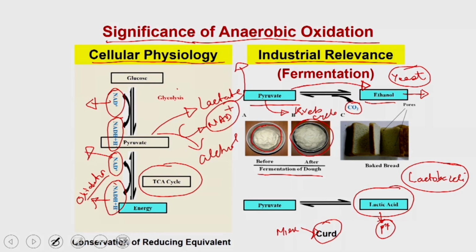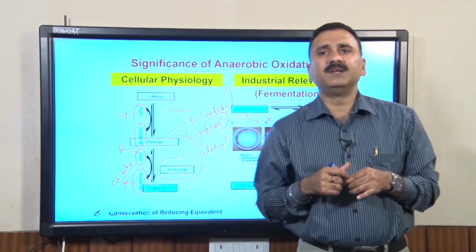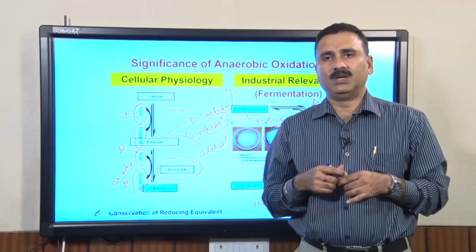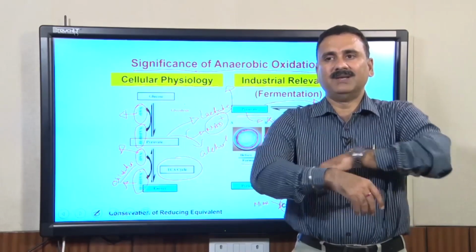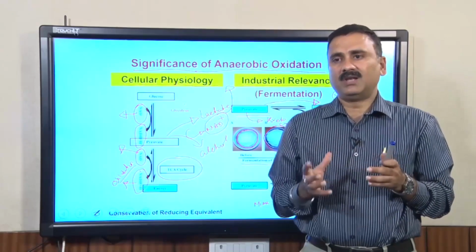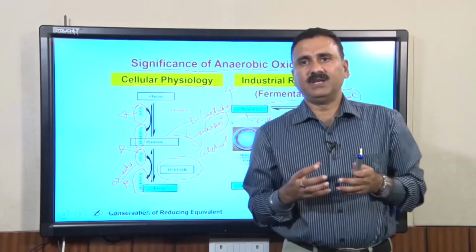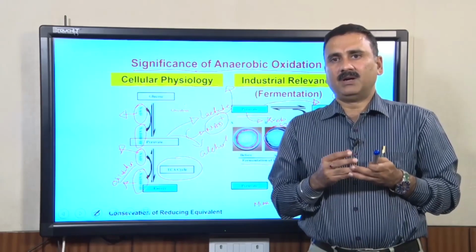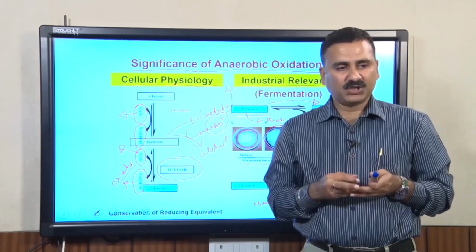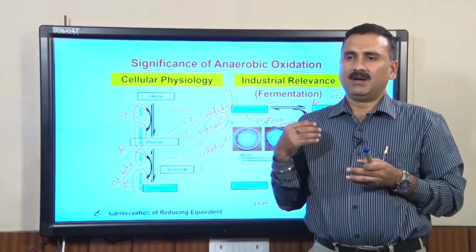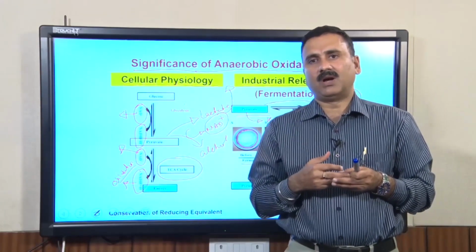So, what we have discussed so far is cellular metabolism in mammalian cells, and we have also discussed the control as well as the relevance of these metabolic pathways in terms of driving different types of reactions, as well as in terms of running the life cycle of a particular organism.